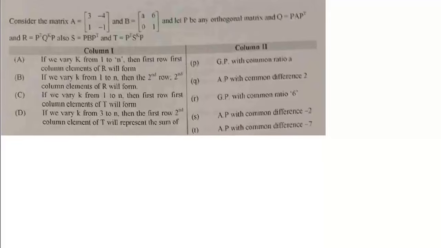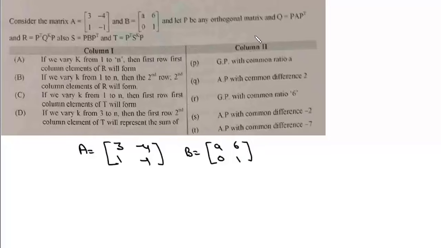Now here the question is, consider the matrix A, which is [3 -4; 1 -1], and this B is [a 6; 0 1]. Now let P be any orthogonal matrix.